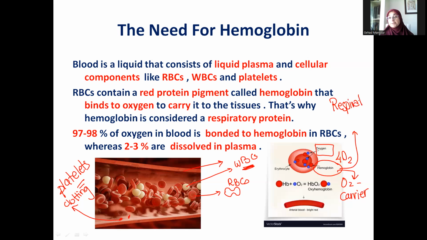First, it is a pigment because it's a protein that is colored. It contains iron and other components that make it look red. And it is respiratory because it helps carry oxygen to the cells. And when cells receive oxygen, they carry out cellular respiration, and this is the reason why we call hemoglobin a respiratory protein.